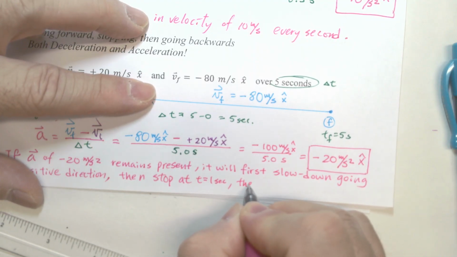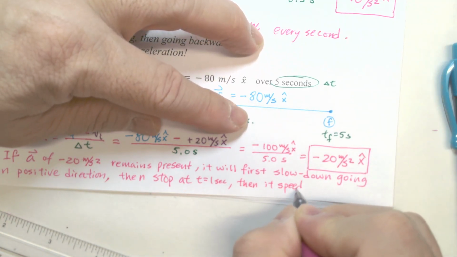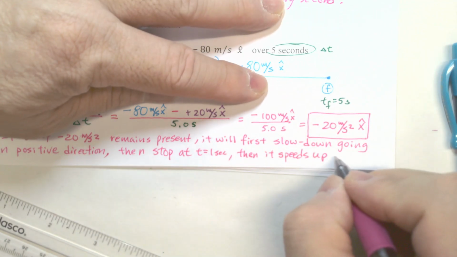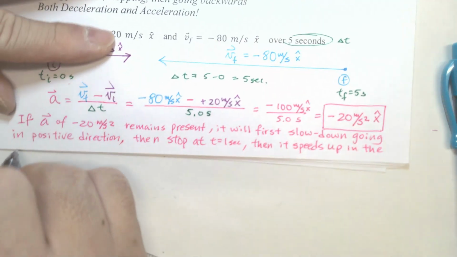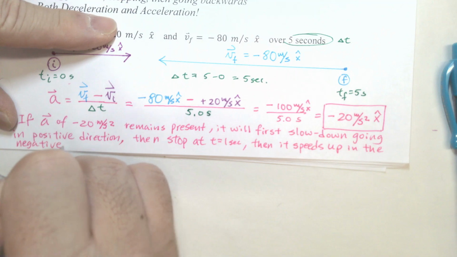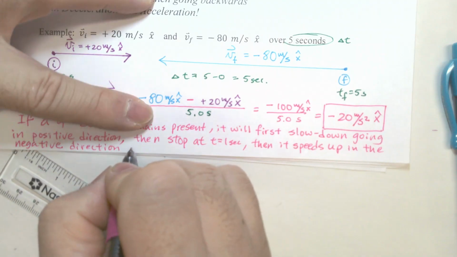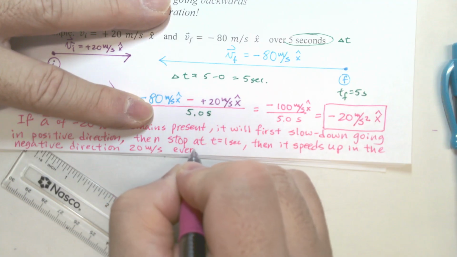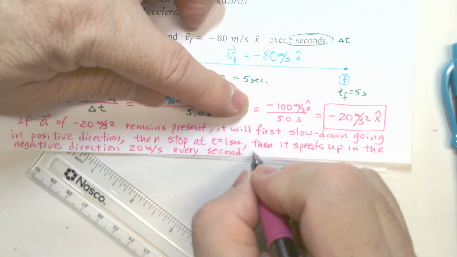Then it speeds up in the negative direction (20 meters per second every second) backwards.